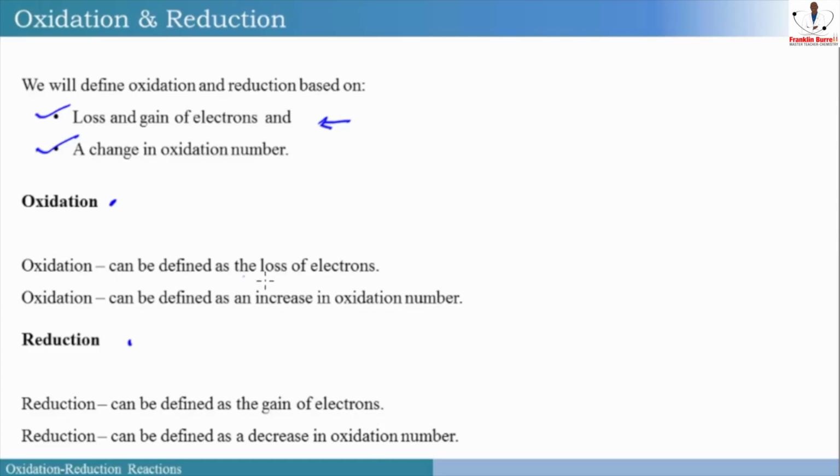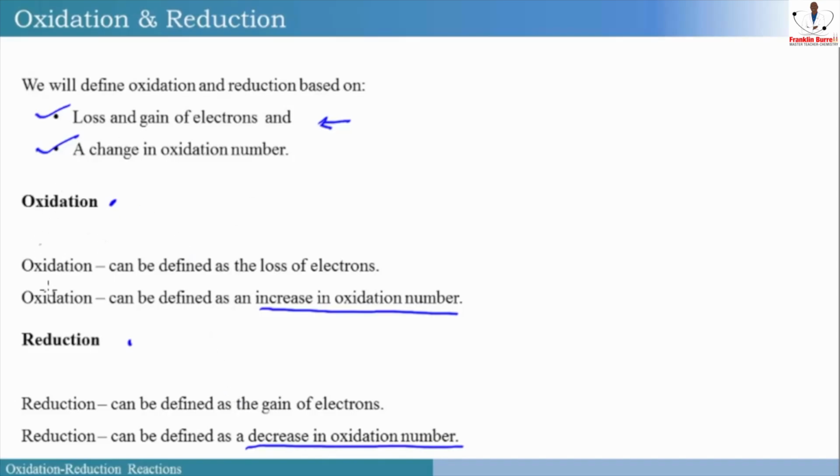So while oxidation is loss, reduction is gain. In terms of a change in oxidation number, where your oxidation number will either increase or decrease, oxidation is an increase in oxidation number, while reduction is a decrease in oxidation number.